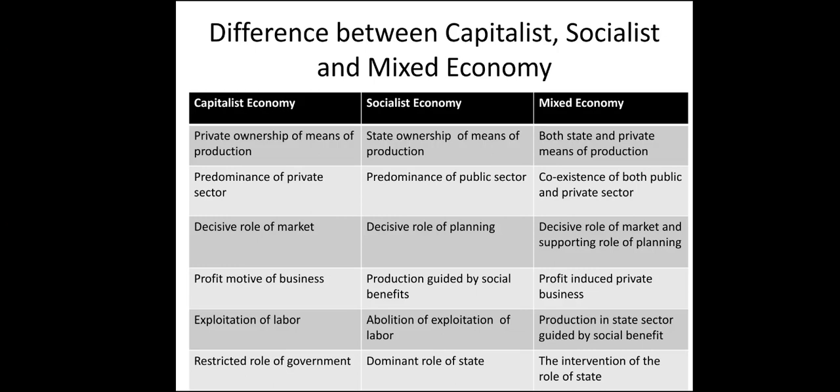Next is, in capitalist economy, predominance of private sector. In socialist economy, there is a predominance of public sector. While in mixed economy, it is coexistence of both public and private sector. This we have talked about: in capitalist economy, the private sector prevails and the government does not interfere much.